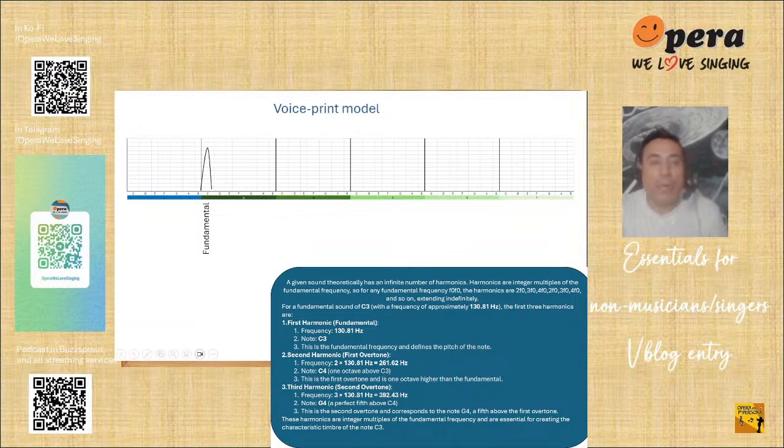That is super important. Whenever you refer to a note, the notes we have been reading on the score, we are referring to the fundamental. But remember that I said that the voice print has as many components as we humans have been unable to map.